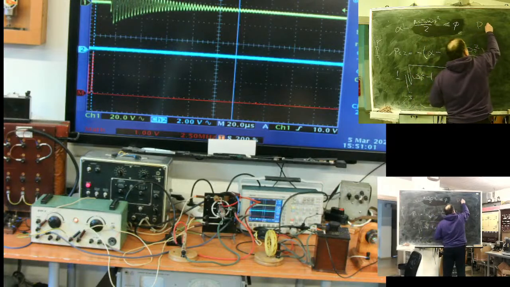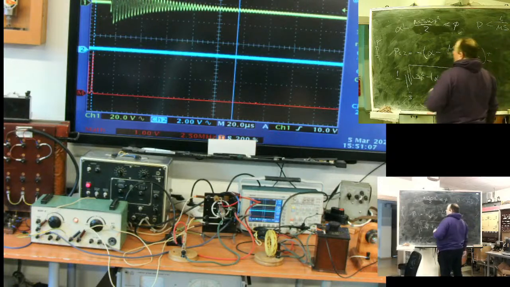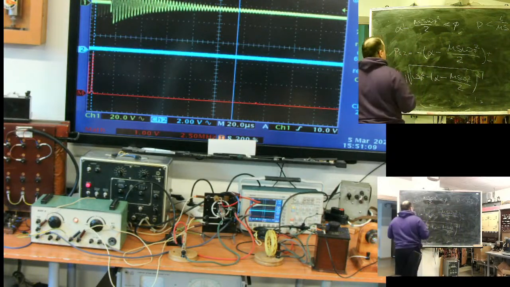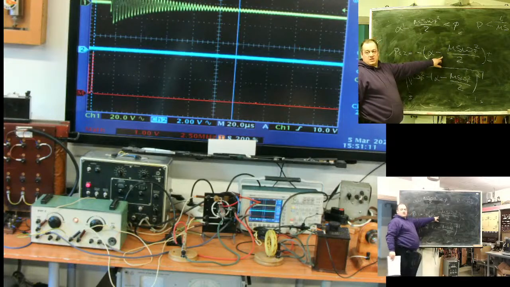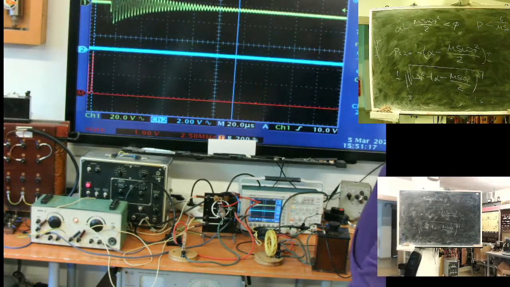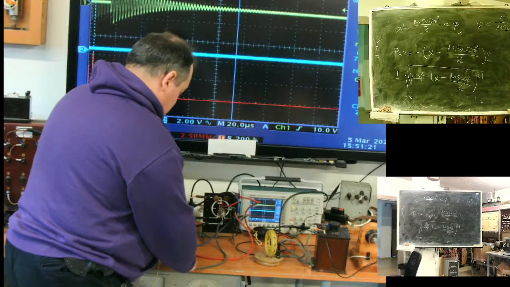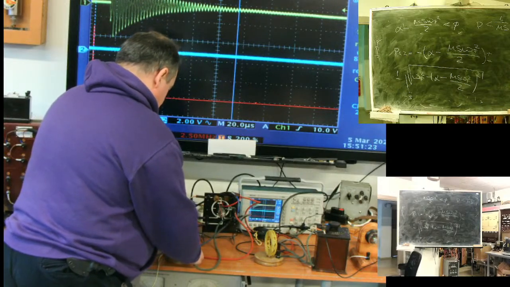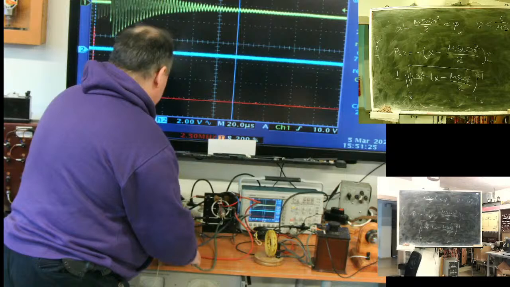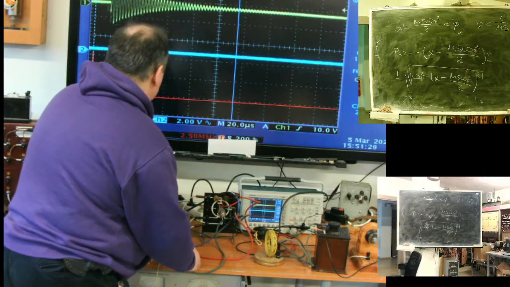At the moment this one becomes positive, the system will not be stable. Block, block, block. I'm changing the polarity of the coil.